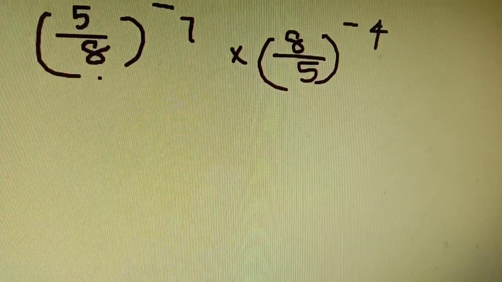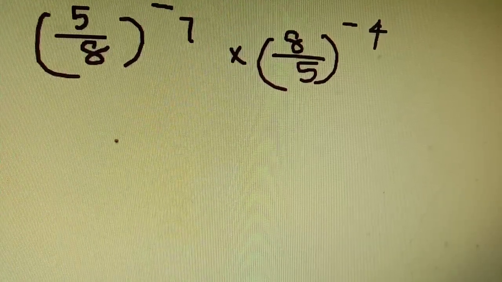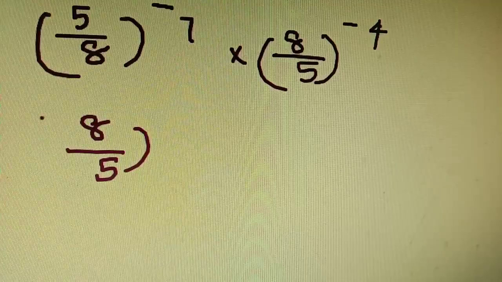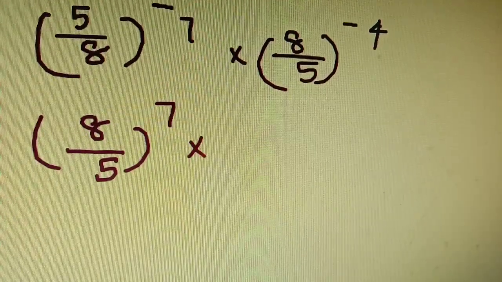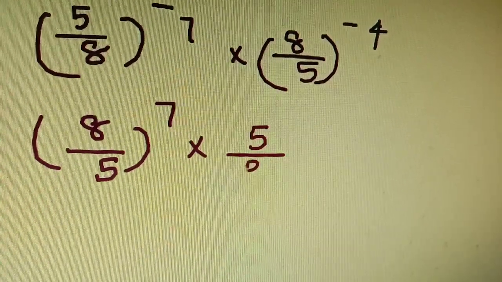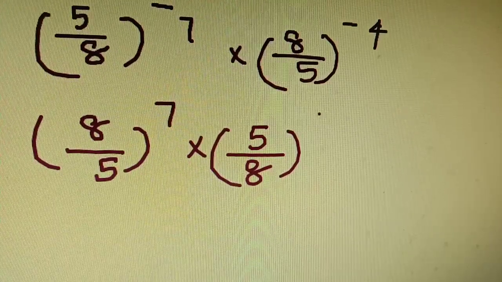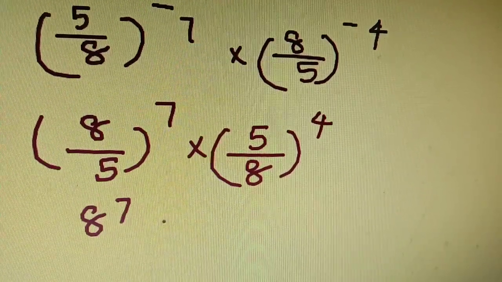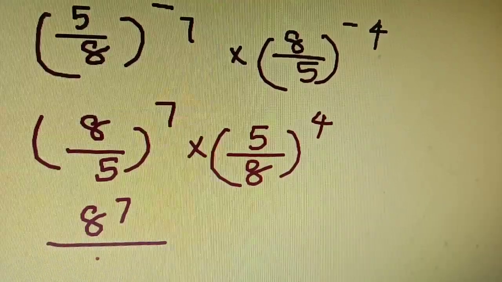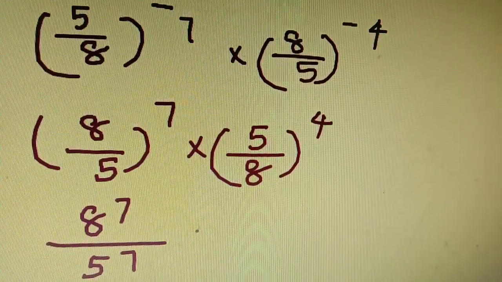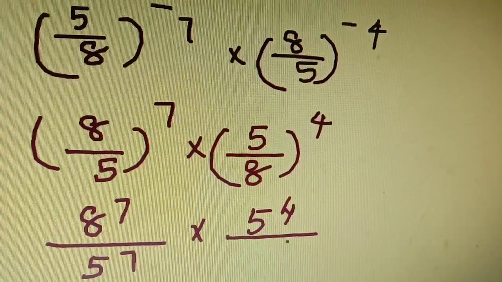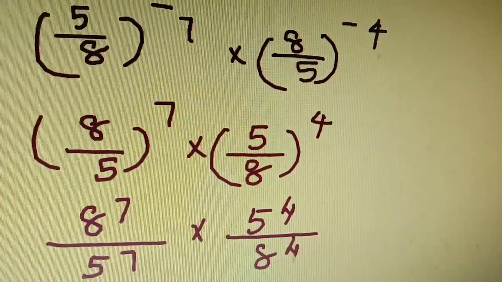Since both have negative exponents, we take the reciprocal. That is (8/5) to the power of 7 into (5/8) to the power of 4. So that is 8 to the power of 7 divided by 5 to the power of 7 into 5 to the power of 4 divided by 8 to the power of 4.